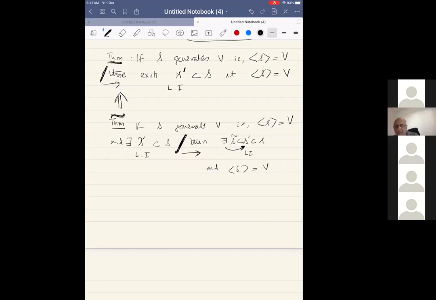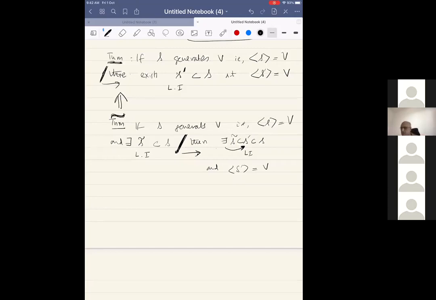Yes, sir, I got it. Anybody else? So in theorem tilde, I'm taking a finite generating set S, and I'm also given some subset of S, which I call S tilde, which is actually linearly independent.